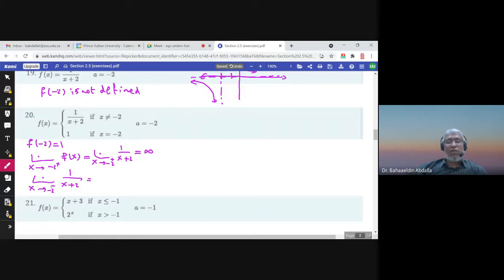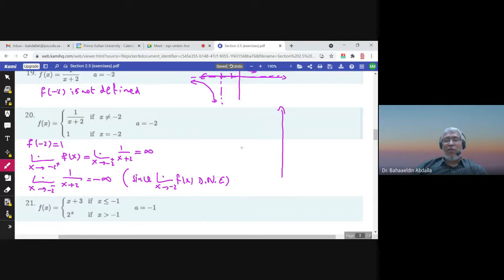In this case, we will use a number like -2.1, so the limit would be negative infinity. So it's not continuous because the limit does not exist. Since the limit when x approaches -2 of f of x does not exist, this means that the function is not continuous at -2, although it's defined at -2.